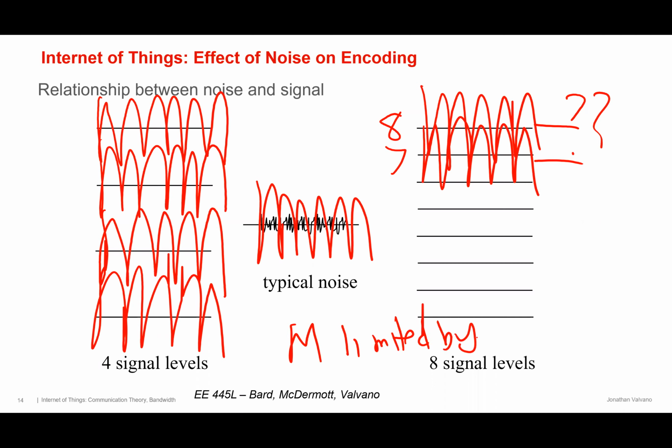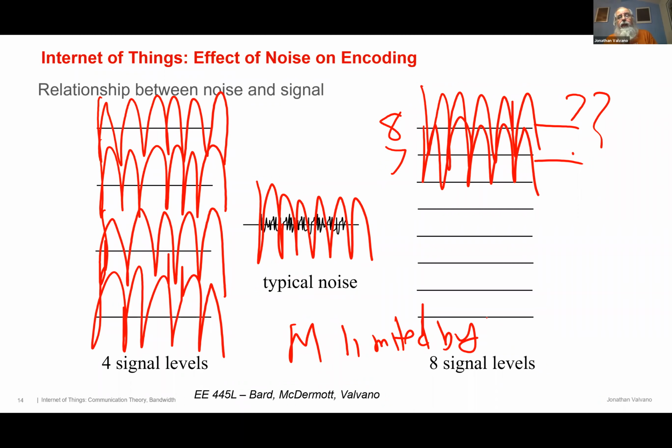If the noise is centered around a certain voltage, couldn't you take a moving average? Sure, totally right. So it's a good question. Now you just said, hey, John, what's the central limit theorem?